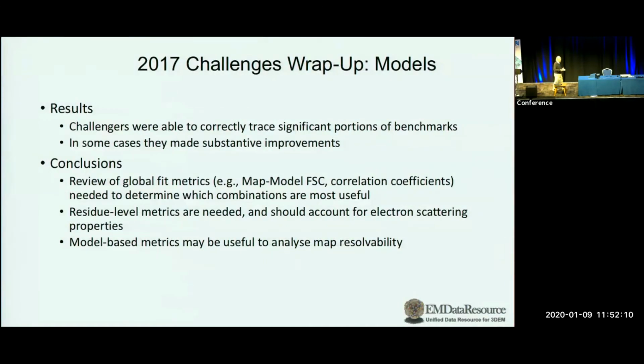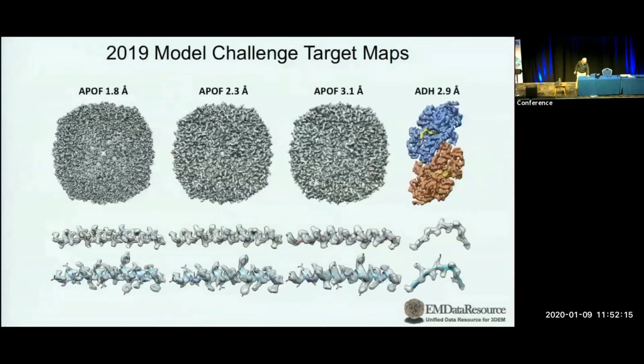So we decided to restrict ourselves to relatively high resolution data between 3 angstroms and 1.8 angstroms. These are the apoferritin data and also one of the enzymes.